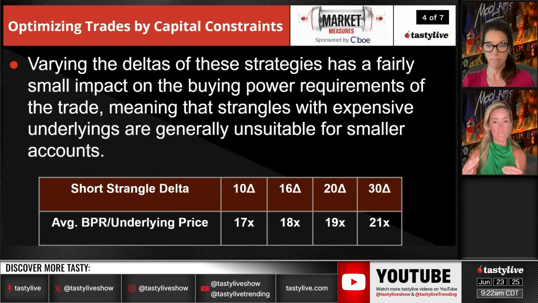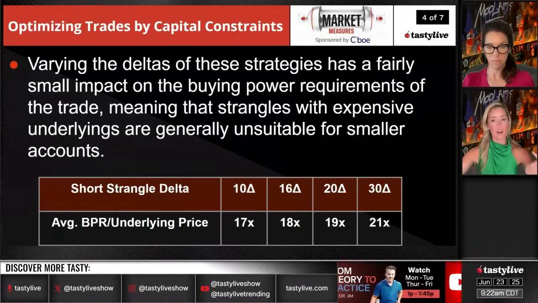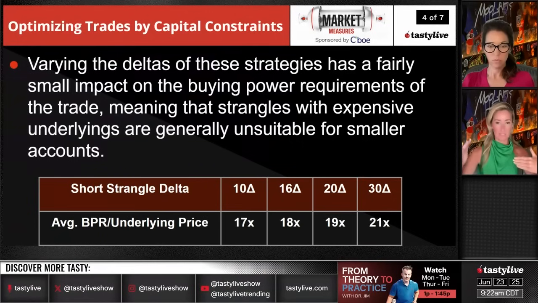That's why a lot of times you're going to bring it in, where it seems kind of counterintuitive. If I'm taking in such a low credit, you're so far out with your deltas, but sometimes it makes sense to bring it in a little bit and take a greater credit when you're using that much buying power. I don't know if that's going to be in the takeaways, because I didn't look at the end.